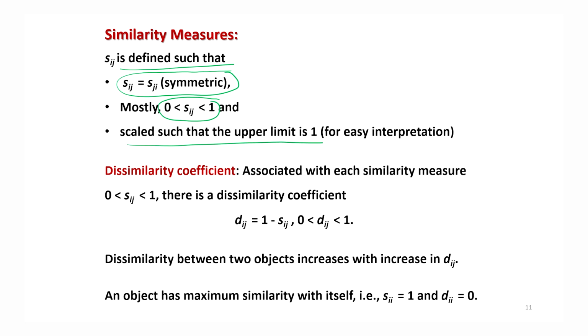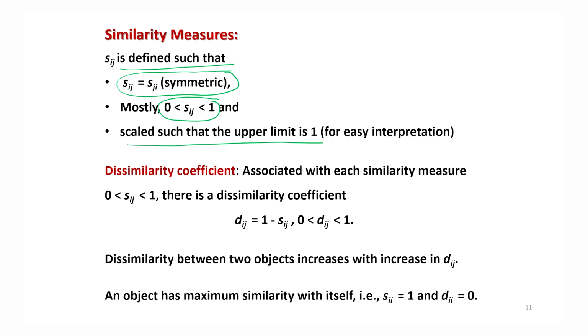Once you have a similarity measure, the contrast will be dissimilarity measures. This is just the complement of the similarity measure. So we can say either we are going to classify the observations which have similar coefficients, or we are going to classify the observations into different clusters which have different dissimilarity coefficients.